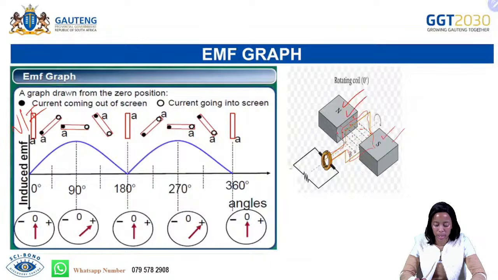So as the magnet is rotating, we are going to be producing maximum current or zero current, or zero voltage. So we can relate voltage with the current. Okay.